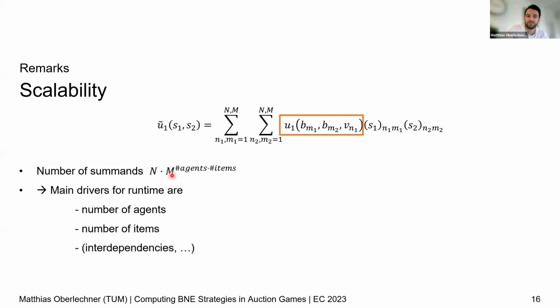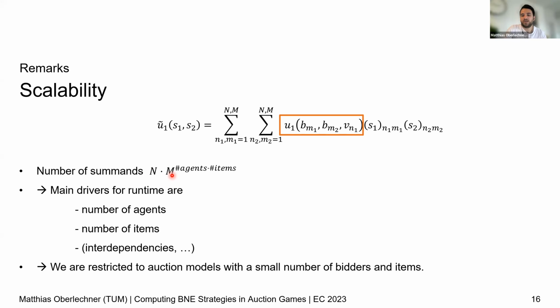So we are restricted to auctions with a small number of bidders and items. But if you look at the literature, the most important settings are settings with a small number of bidders and items, because only with a few bidders, these strategic interactions really have an influence. And these are the interesting settings we want to understand.